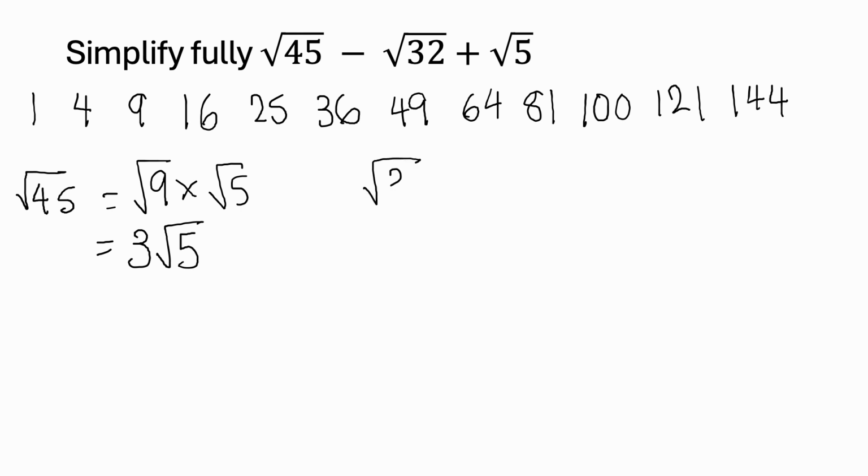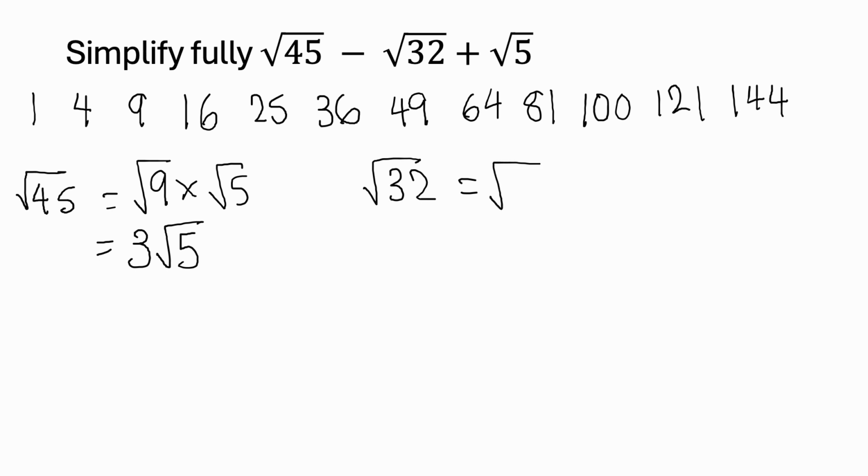Same thing for root 32. If we look, 4, yep, matches because 32 is in the 4 times table. So root 4 times root 8. Oh, actually, we could potentially do root 16, because 32 is in the 16 times table.